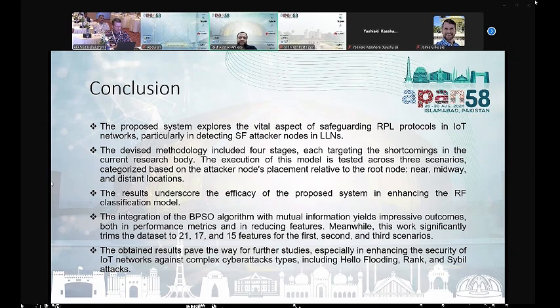We also plan to extend this work to identify other types of IoT network attacks like the free-floating attack and cyber attack. We can also extend this work to investigate other types of RPL topologies to identify attacks in different types of IoT applications.